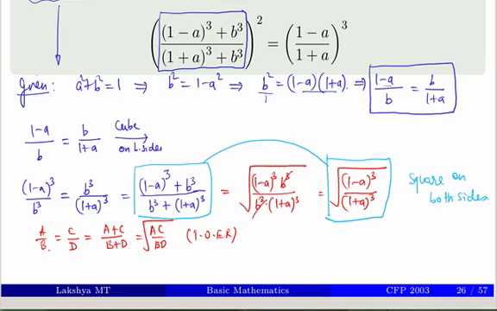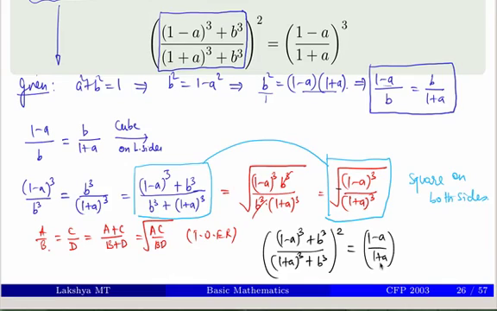I get this will be equal to 1 minus a the whole cube plus b cube from here upon 1 plus a the whole cube plus b cube, and then I have squared on both sides, so I get a square which gets rid of this square root. I get 1 minus a upon 1 plus a the whole cube, because this cube is there, so I can write it common. So this is how we have got the solution to the problem.